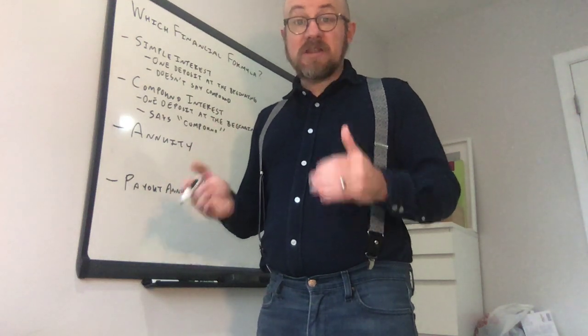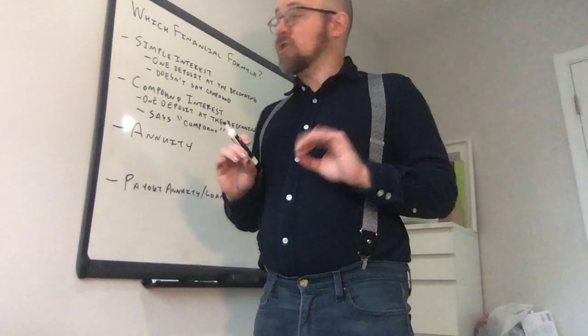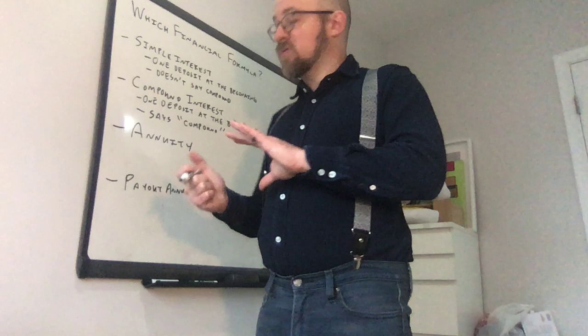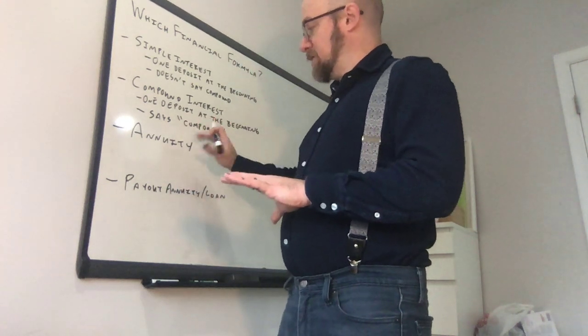That's it. So if there's just one amount of money being deposited at the very beginning, you just ask yourself, is it simple interest or is it compound interest? And it will explicitly say that. If it doesn't say compound interest, use the simple interest formula. If it does say compound interest, use the compound interest formula. Okay, so that's those two situations.